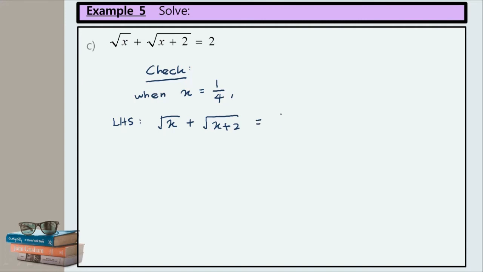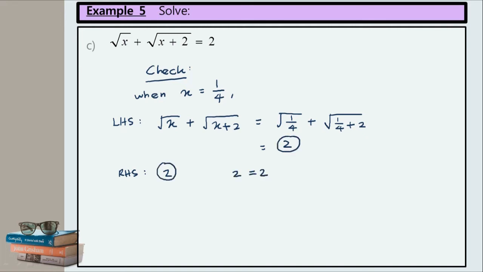So substitute √(1 over 4) plus √(1 over 4 plus 2). Okay. Check our calculator. We will get 2. Okay, and the right hand side 2. So 2 and 2 sama kan?